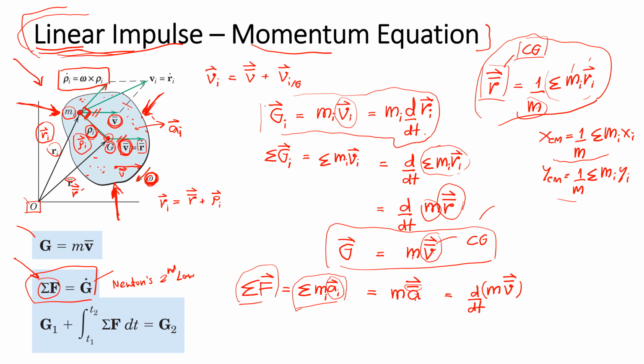So if we have the integral of the summation of force with dt, it will equal the change in m v bar vector.